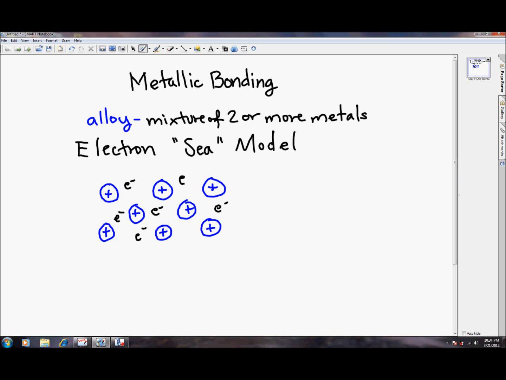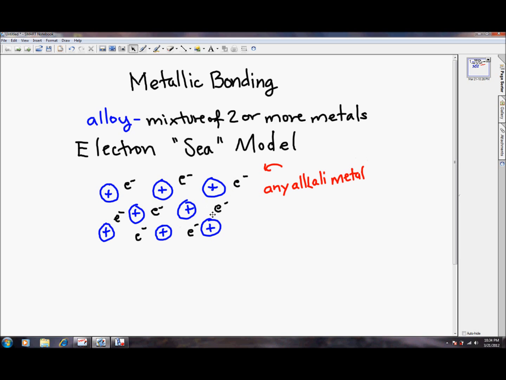And since I have drawn 8 metal atoms, in this case I've drawn 8 electrons, so this would represent any one of the alkali metals, because every alkali metal has one valence electron.